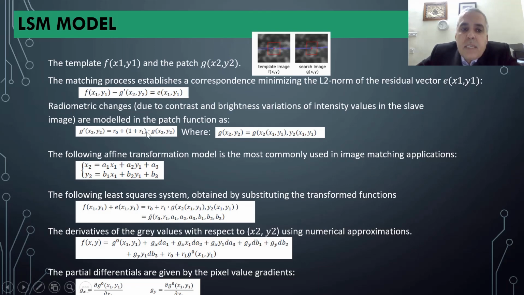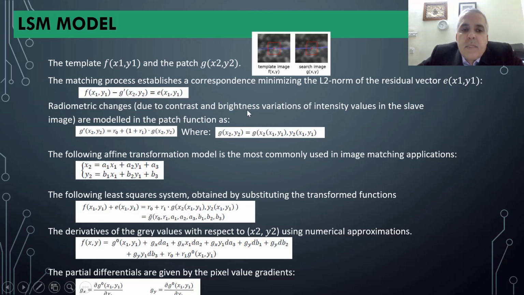Due to the radiometric changes and brightness value, we will add this one, because maybe there's a difference in the radiometric and contrast value. What we will do, we will substitute this one with this equation, and it will give us R naught plus R1.